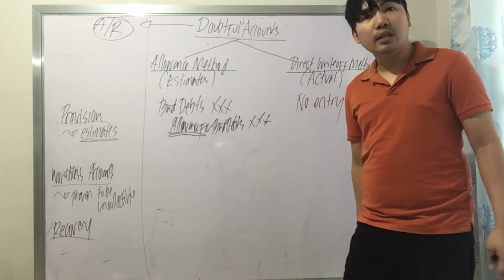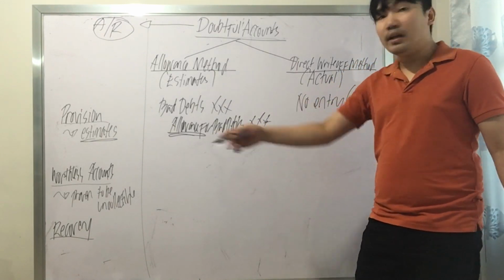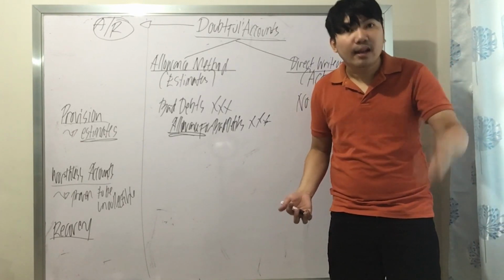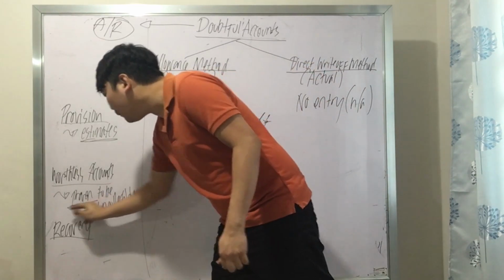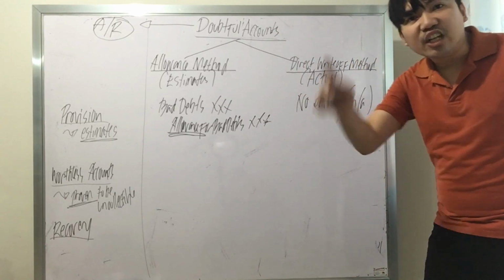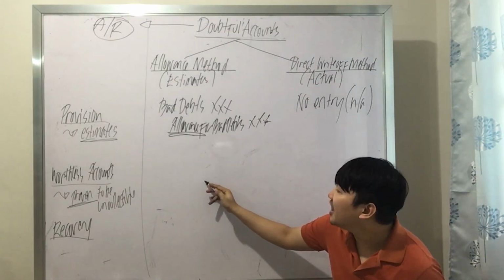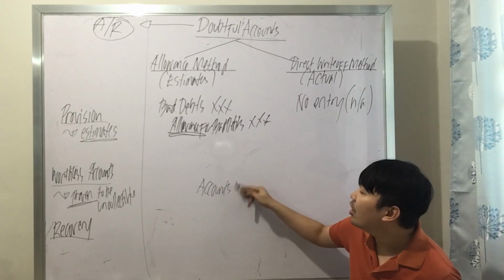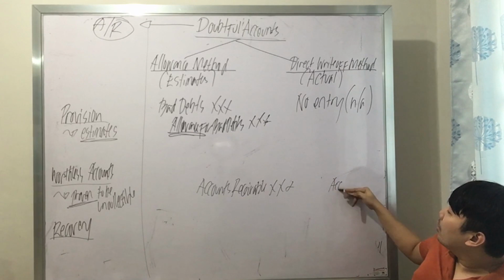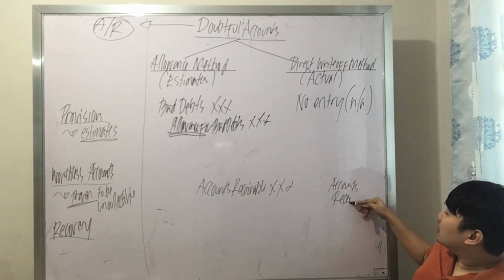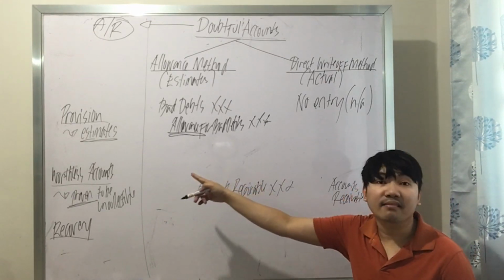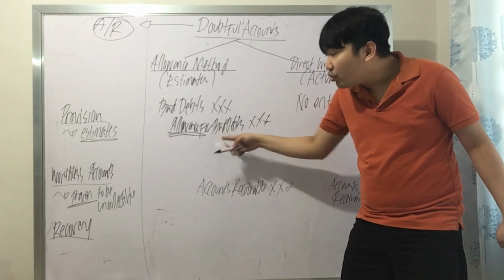Sa worthless accounts naman, anong entry mo? Sa allowance method, halimbawa, it was proven that this amount is already uncollectible. Pag sinabing proven, i-write off mo na. Ano ang entry kapag write-off? Ica-charge mo na siya sa accounts receivable, so credit accounts receivable. Ang debit mo dyan, class, kakanselahin mo itong allowance for bad debts.